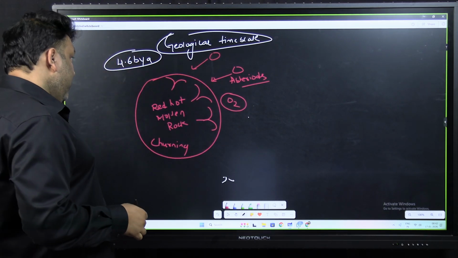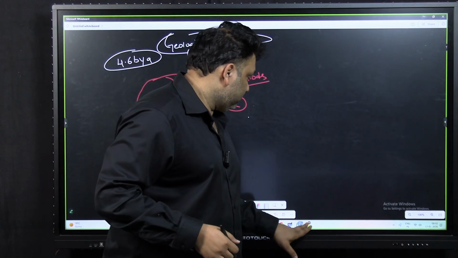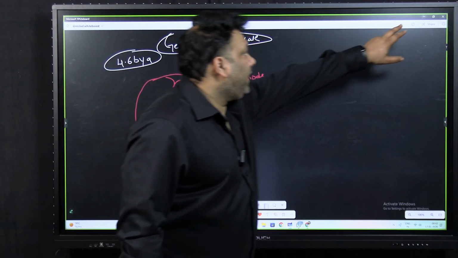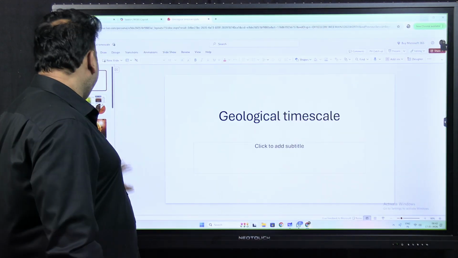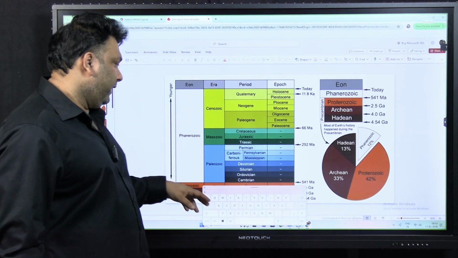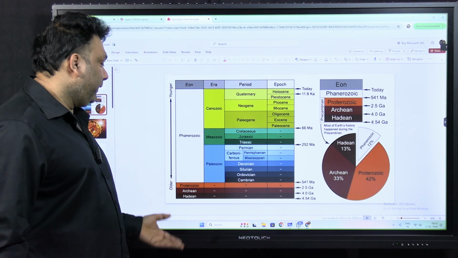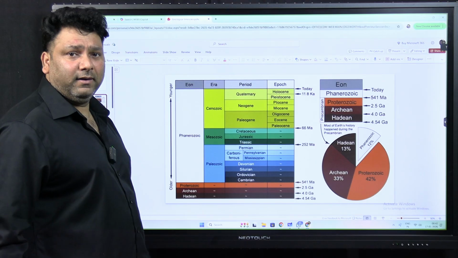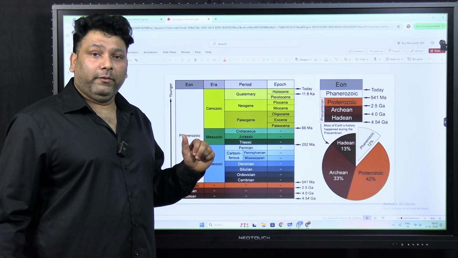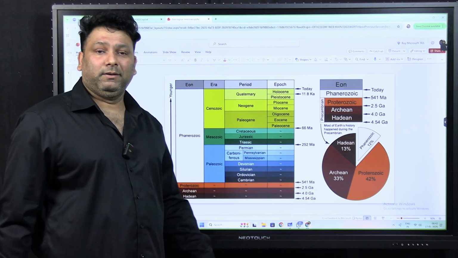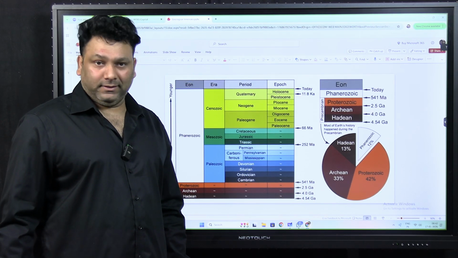And the geological time scale, whatever time scale you see here, for a time scale to change, some geological phenomena must have happened. For example, you see here Hadean, Archean, Proterozoic, Paleozoic, Mesozoic, etc. Based on what kind of life forms have taken over the Earth or are ruling the Earth, they will sculpt and change the landscape.